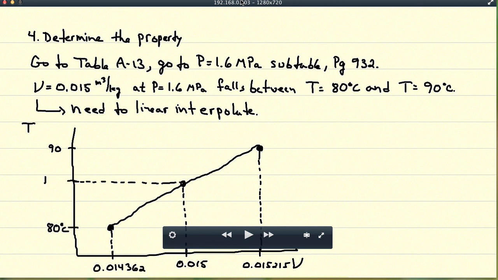So this is my temperature that I want to find. In other words, I'm making the assumption that point is exactly on that line that I've drawn between the 80 degrees C and the 90 degrees C with the two known values of specific volume.